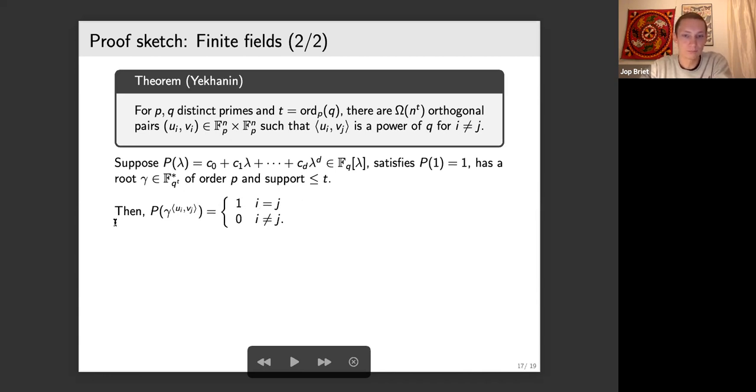Sorry, I misspoke. Clearly it's 1 if i is equal to j, because the inner product is 0 then, and the polynomial is supposed to evaluate to 1 on 1. Otherwise, it evaluates to 0, because P vanishes on gamma, but also on any q-th power of gamma, because of the freshman's dream.